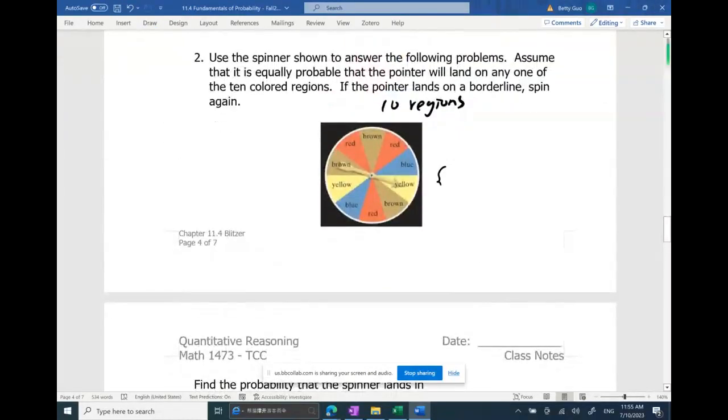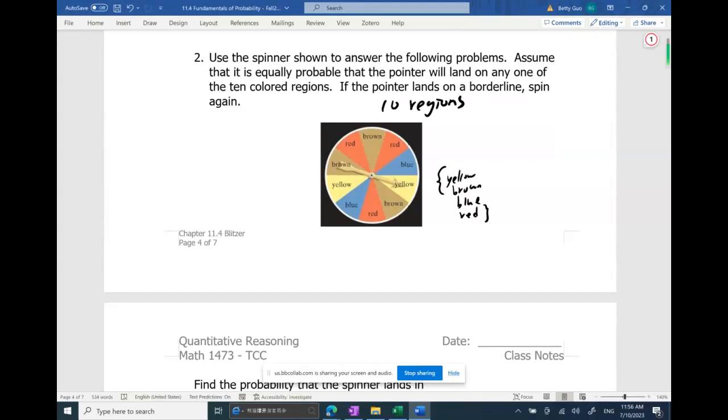But there's a problem with doing that, because if we consider colors, we have yellow, brown, blue, red. 4 colors, right? However, those 4 colors are not equally likely to occur, because as you can see, you have 3 red, 2 blue, 2 yellow, 3 brown.